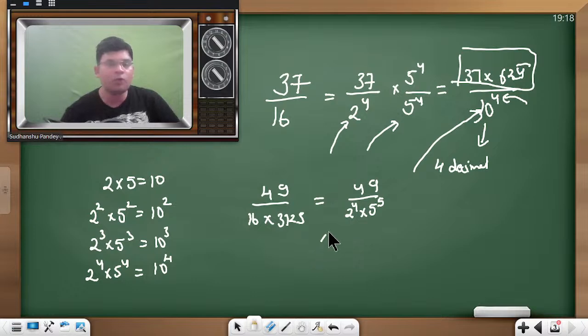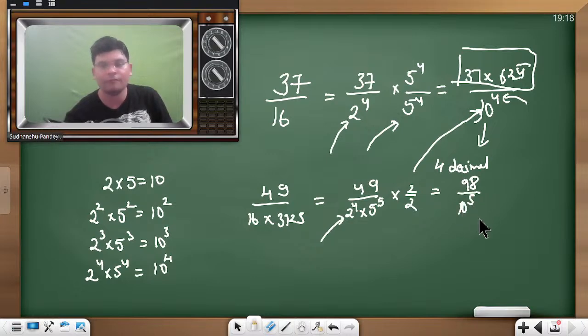So how many 2s am I lacking? One 2. There are five 5s but four 2s. So I will multiply this by 2 by 2 to make it 98 divided by 10 to the power 5. Everybody getting it? So how many decimal places? Yes, sir. 5 decimal places. So what will be the final answer? 0. So now the decimal place is here. So 0.00098. Understood?